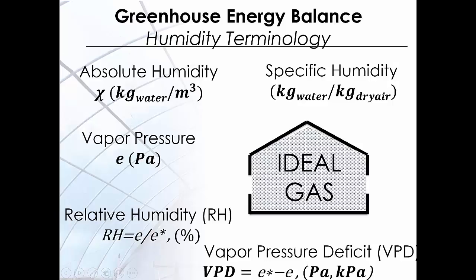Relative humidity and vapor pressure deficit quantify the drying power of air, which is the amount of vapor that air at any given temperature is able to absorb. In addition to these terminologies, we can also define dew point as one of the humidity terminology, which is the temperature at which a given vapor content would be saturating.